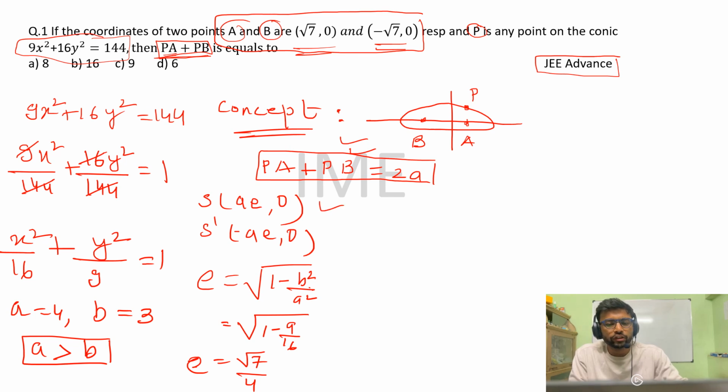If we put the value of e in S and S dash, we will get root 7 comma 0 and S dash is minus root 7 comma 0.